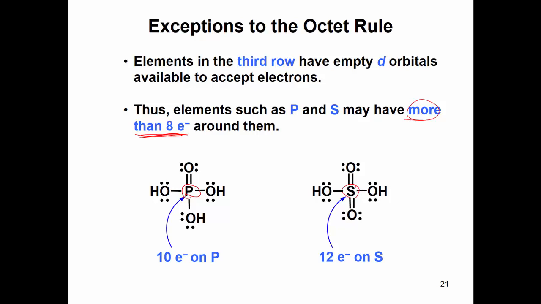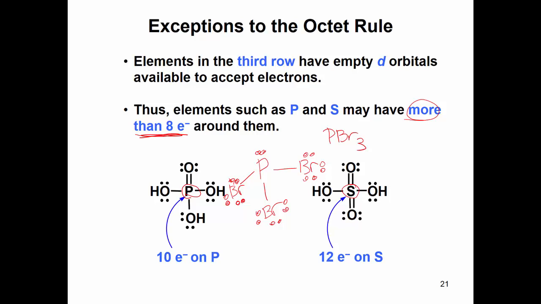One thing I do want to make clear is just because phosphorus and sulfur here are defying our octet rule, they don't always do this. So just as an example here, if you have PBr3 and you drew its Lewis structure, this would fit our octet rule just wonderfully.